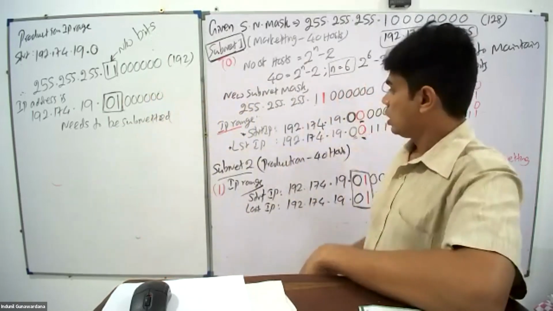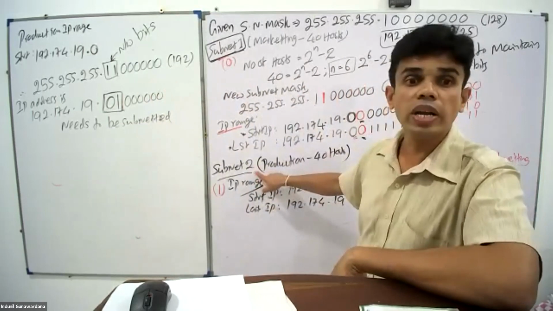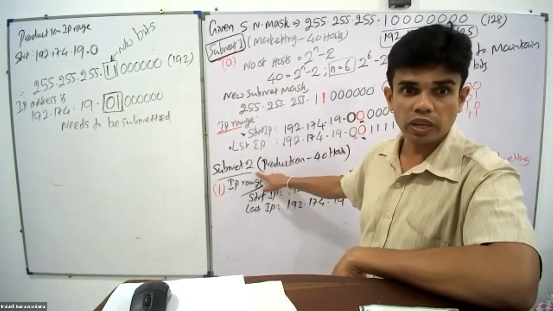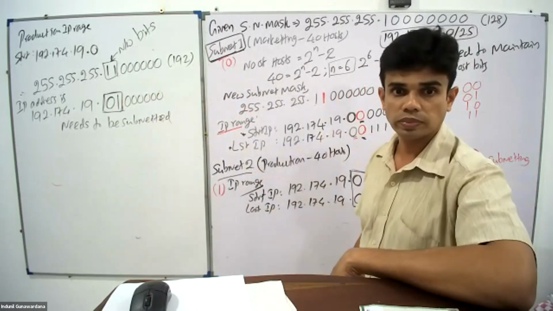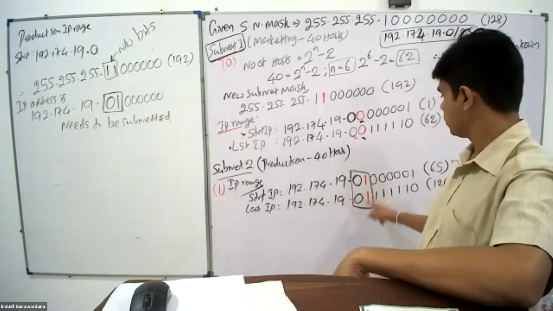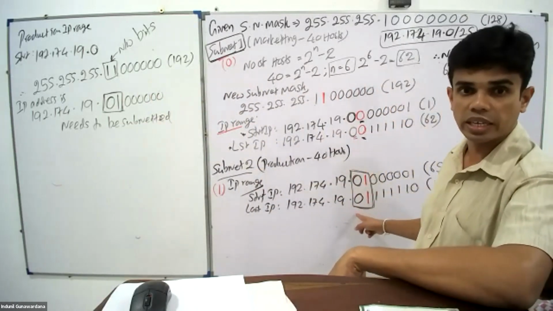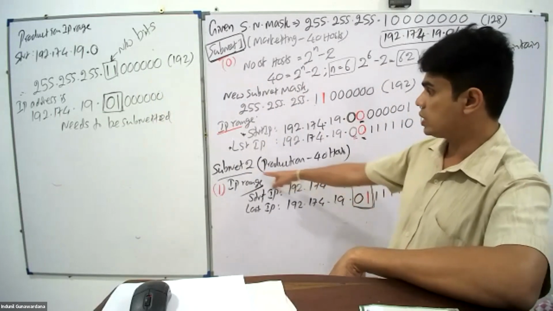According to the previous subnet 2. Then you may highlight these like I did here, right?